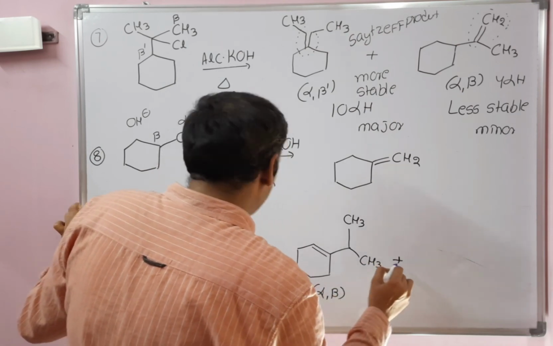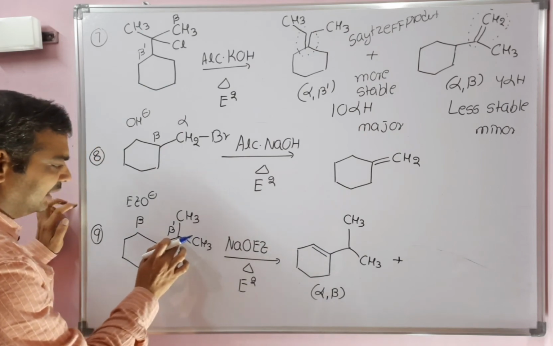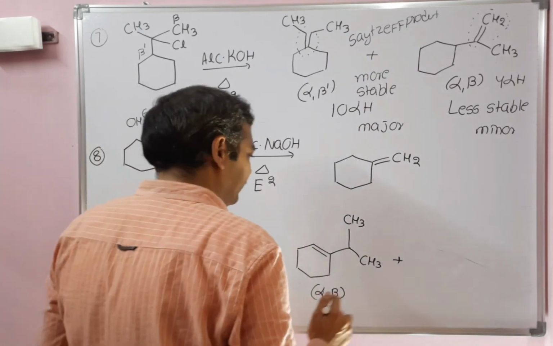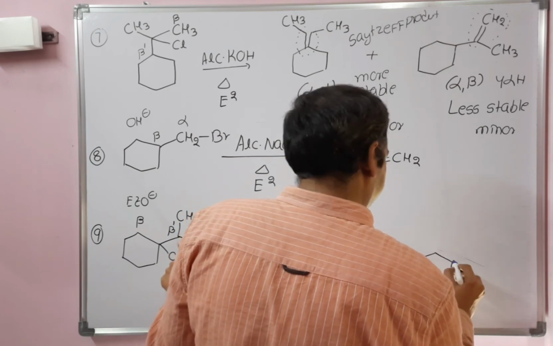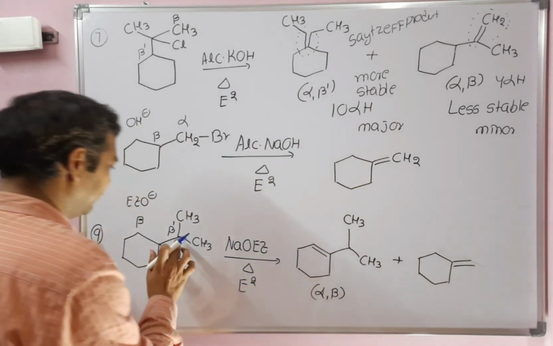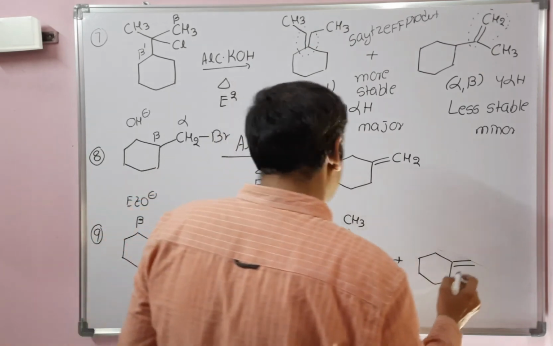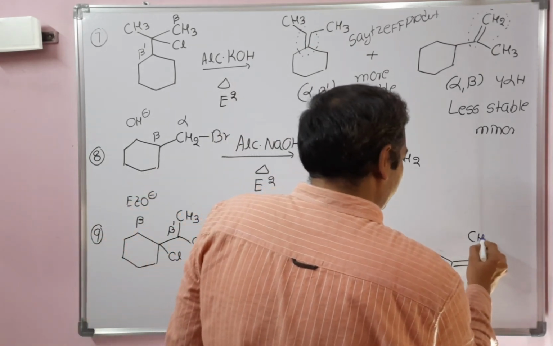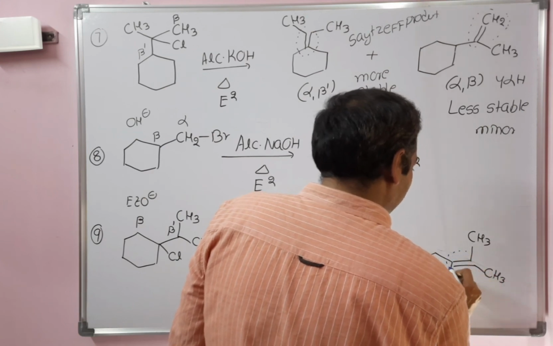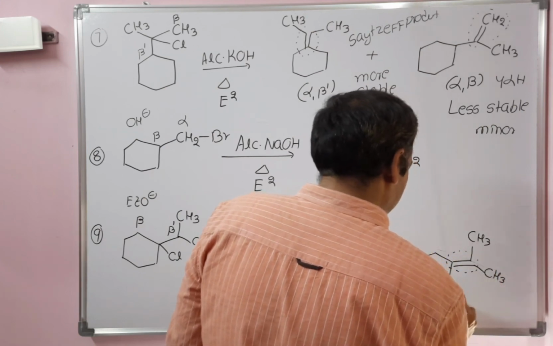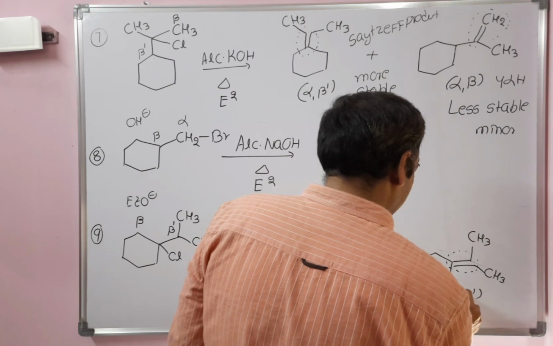The other possible product is, if a base abstracts a proton from the other beta prime carbon, then the product obtained is this one. Since the base abstracts a proton here, we will get a double bond here. So methyl group and methyl group. Among these two products, which is major and which is minor? This is because of the alpha beta prime elimination.